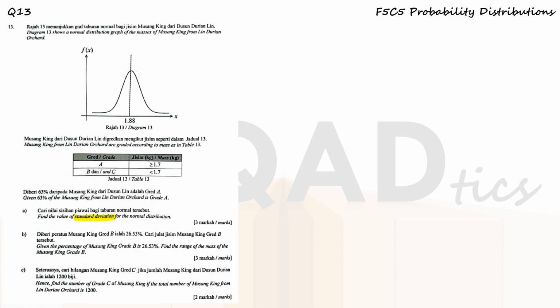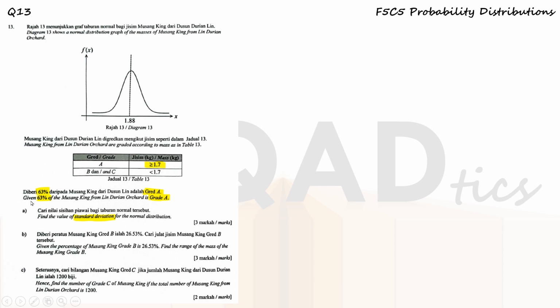Okay, so to find the standard deviation, we need to have a statement first, or an equation first. So we can use the information from the grade A Musang. As you can see here, we consider grade A if the mass is more than 1.7 kg.